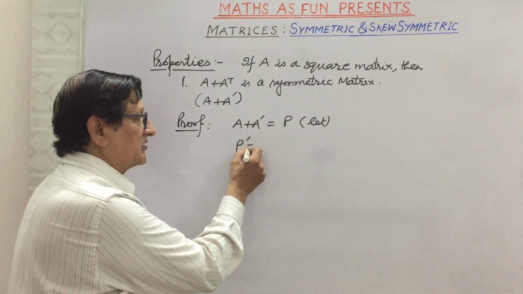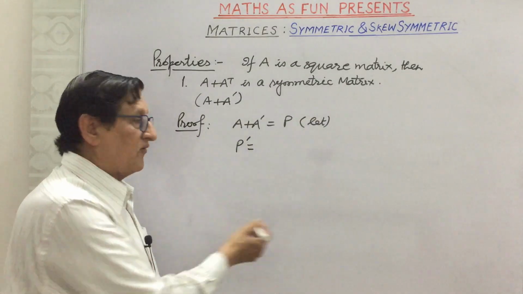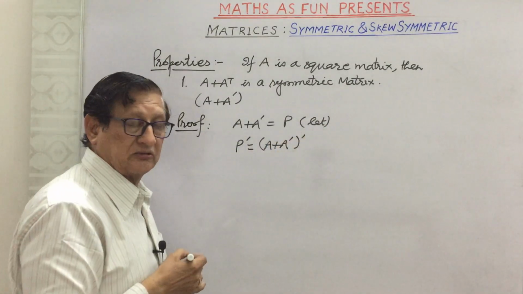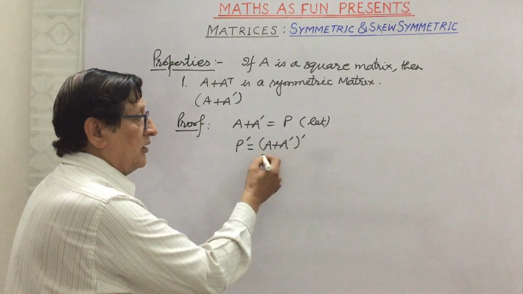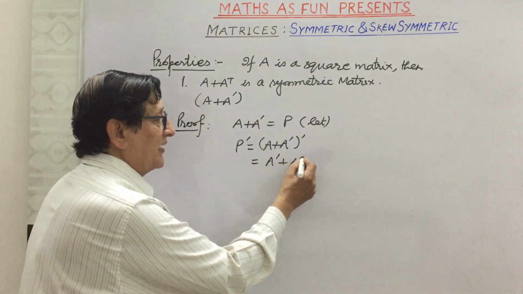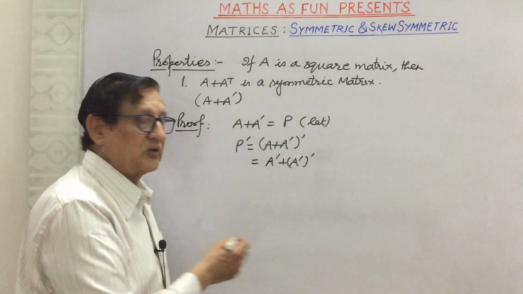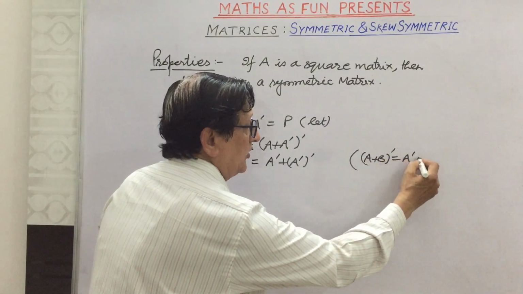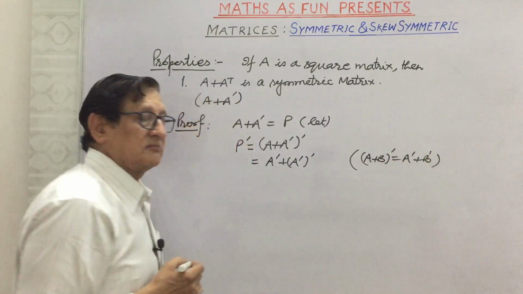We go for P dash, that is transpose of P. Will that be equal to the transpose of A plus A dash? If we go for the property, that will be A dash plus A dash dash, because we know that transpose of A plus B is equal to A dash plus B dash.